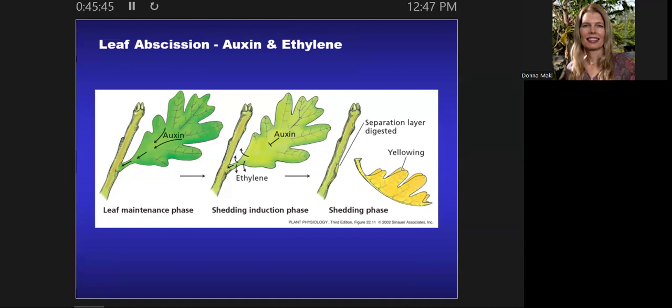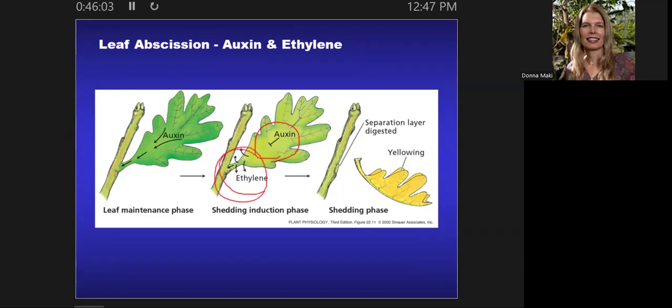But as fall is starting to come about, this little symbol here is trying to show that oxygen is going down and it's not flowing down the leaf anymore to the petiole. Well, that is now allowing ethylene to ramp up. So that's what they're showing.